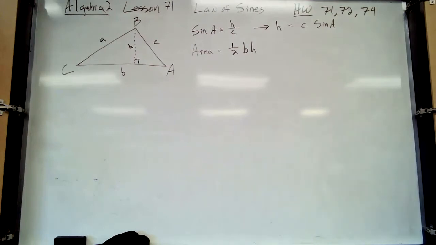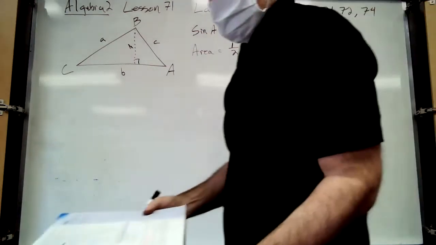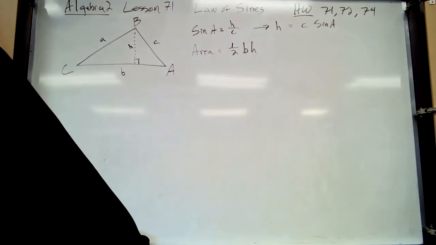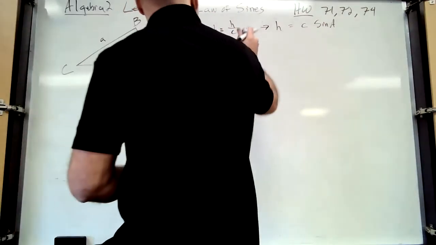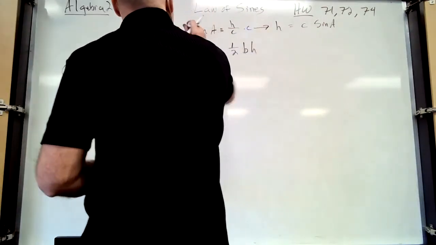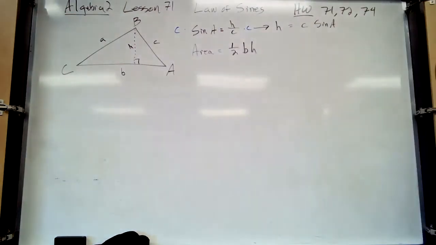You see how I just solved for H in this case? Here, let me write it in a different color. So H equals C times the sine of A, right? Now this is going to lead somewhere, so don't worry.